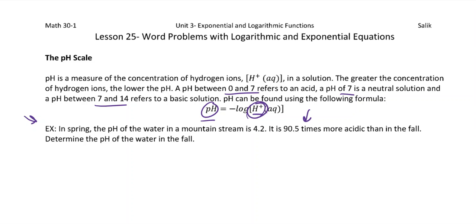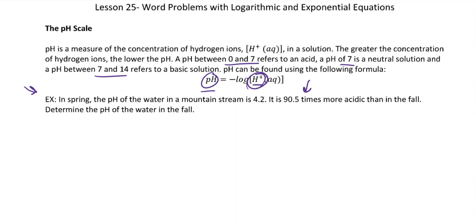Okay, so let's write out a little expression here to begin with. We'll say the hydrogen, so H plus, in the, and I'll write SP for spring. This is just a number, right?